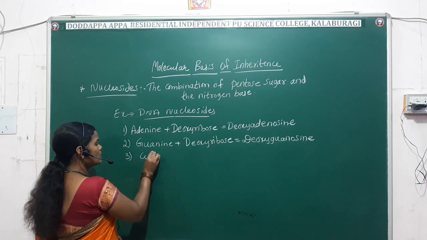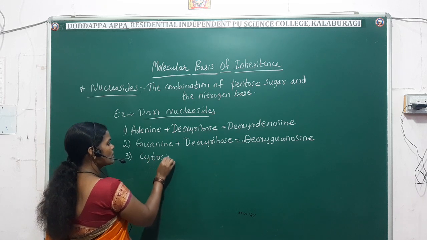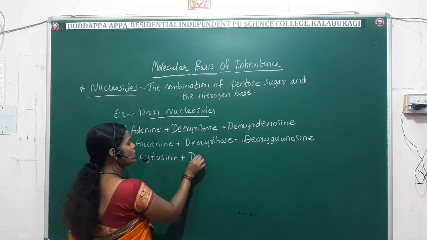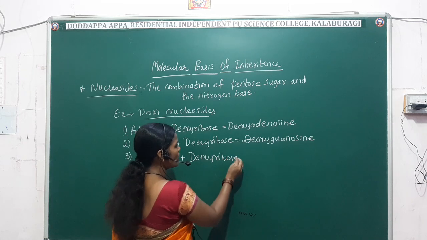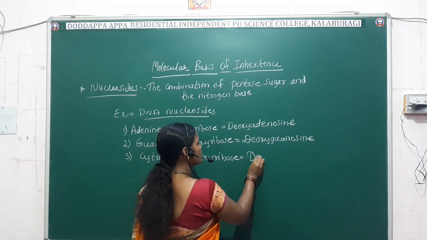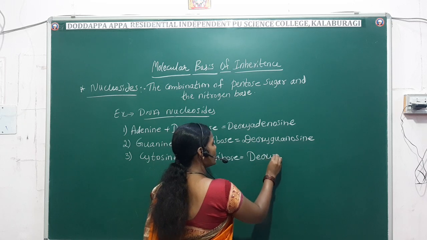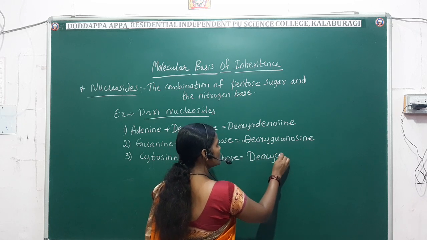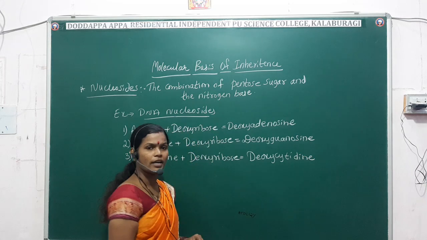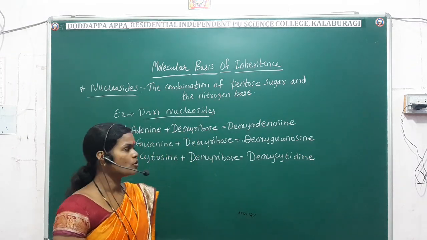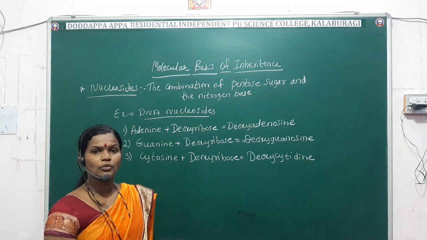Then cytosine plus deoxyribose forms deoxycytidine. You can also write these as deoxyribose adenosine, deoxyribose guanosine, or deoxyribose cytidine.